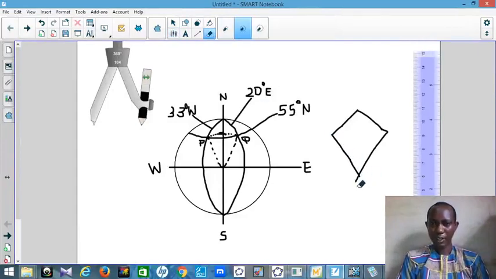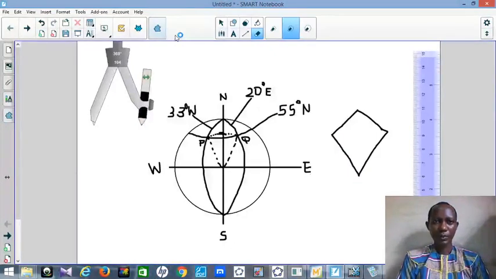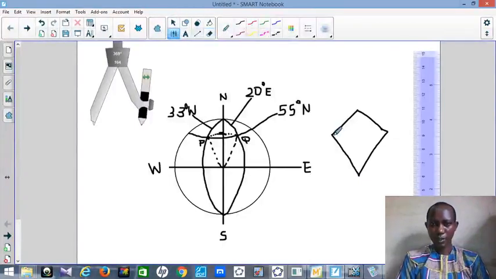Let me erase this. Okay, I have my pencil. Then this is the chord I'm talking about, when you draw this one straight. So this is a chord.